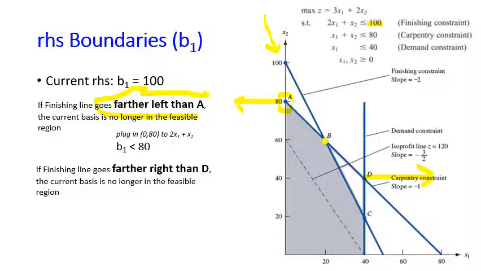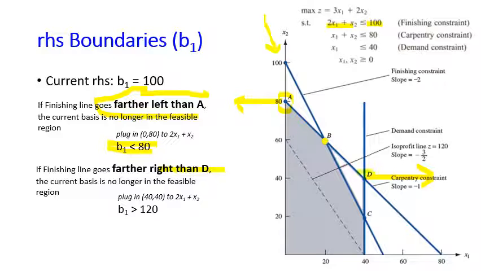(0, 80), into this expression, 2x1 plus x2. 2 times 0 plus 80 equals 80. So when your right-hand side b1 is less than 80, you will go farther left than the point A. Similarly, you will go farther right than point D if your b1 is greater than 120.